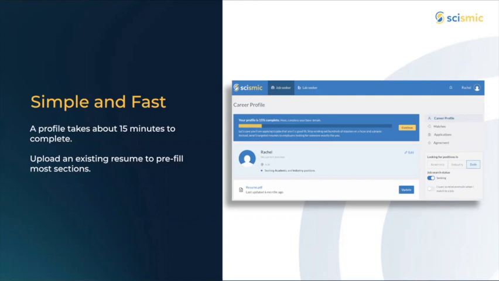What we can do is look at current and past roles in that same area, and we can suggest what skills and fields, based on your resume, to add to match to more of those roles. And if you don't have any matches when you first complete your profile, we can also have a look and see if there's something that you could be matching to that you're not, for some reason.